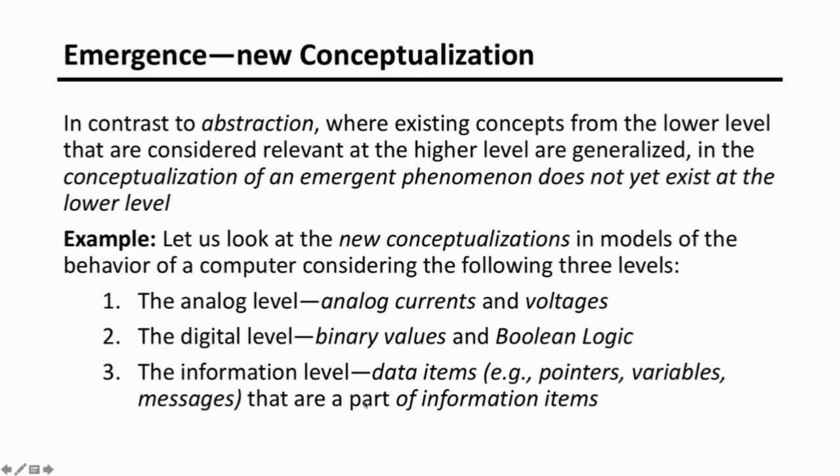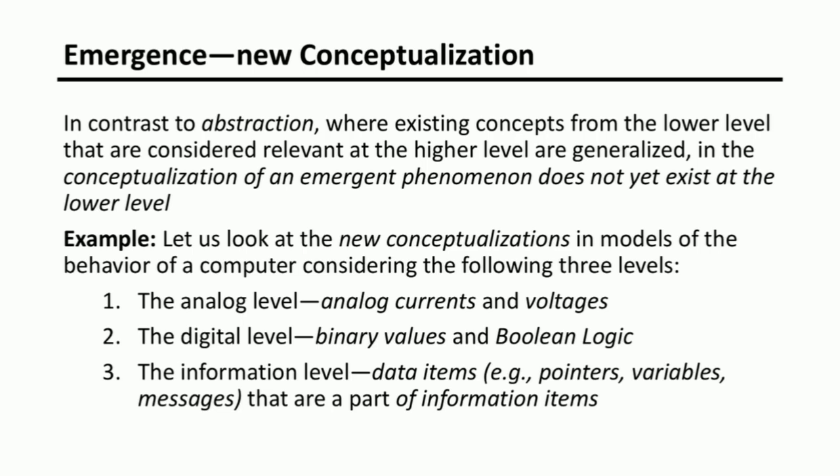And then later on, maybe we go one step further and put bits together to some information chunks, for example, a pointer or a data item, and all of a sudden we are at the level of data, and later on of information. So we abstract, so to speak, not only abstraction means that we still have the same kind of property at the lower level, at the higher level, but emergence means that we have a new kind of property.